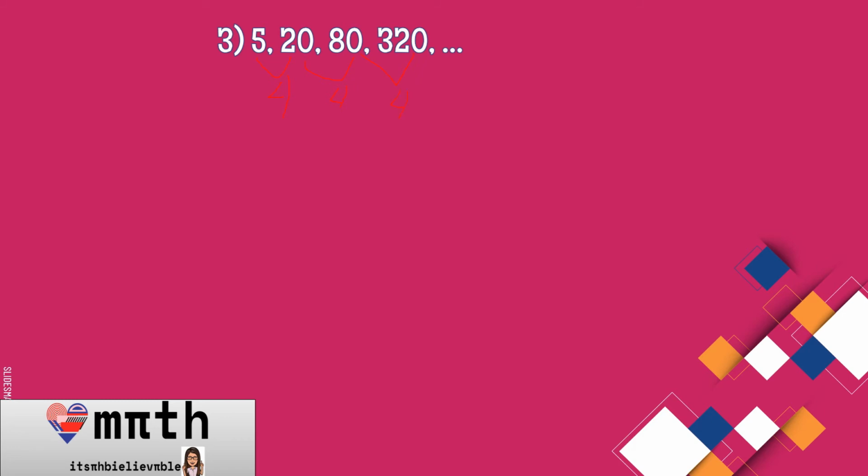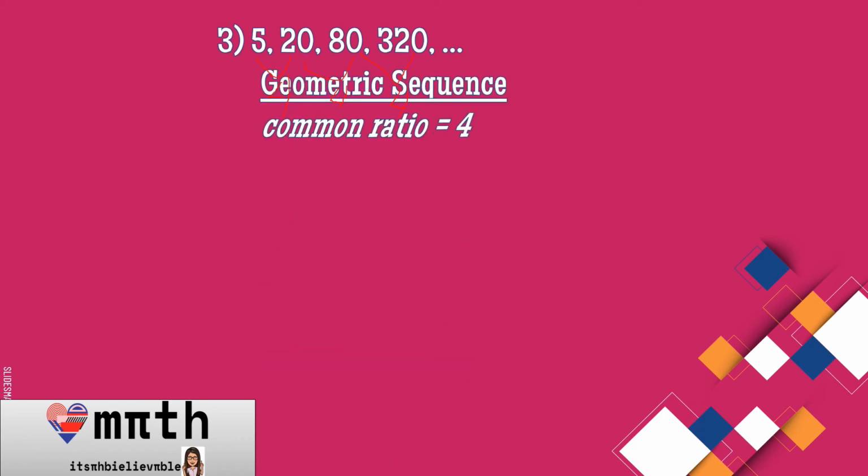Therefore, the common ratio is 4, and we can say that this is a geometric sequence. And in order for us to get the next term, we simply multiply the last term, which is 320 times 4. So that will be equal to 1,280. So that is our next term.